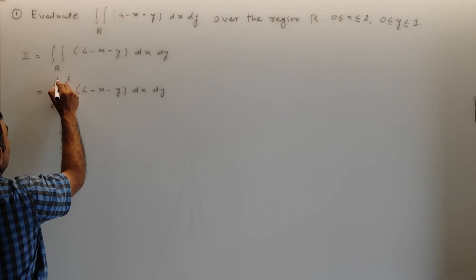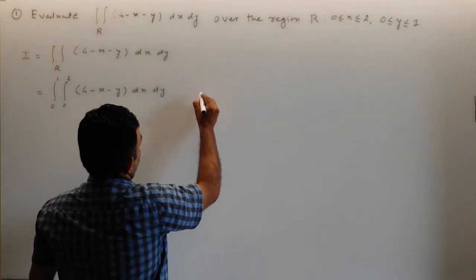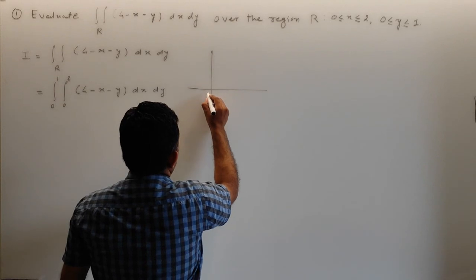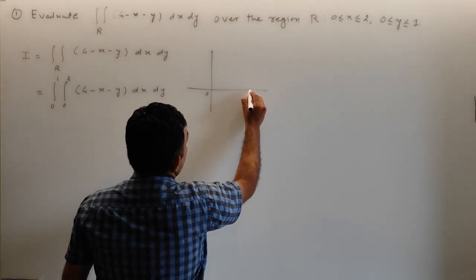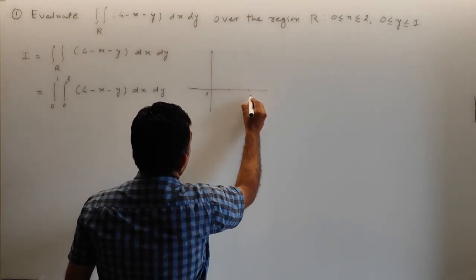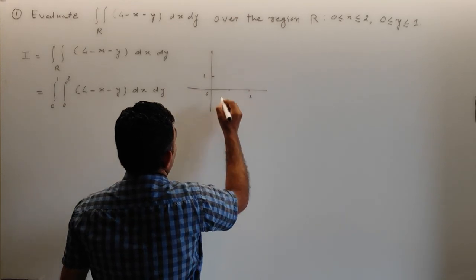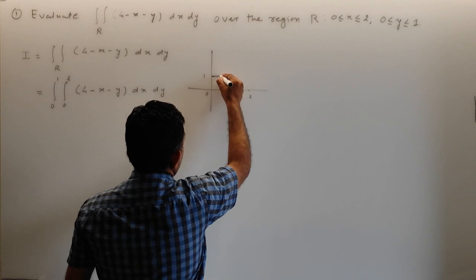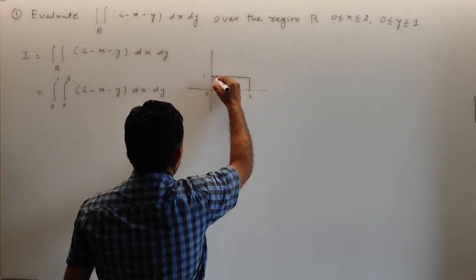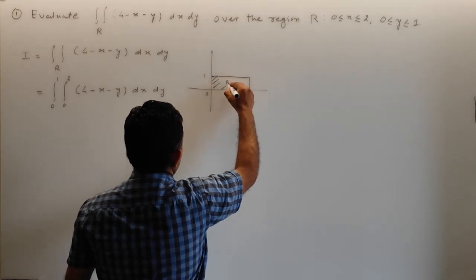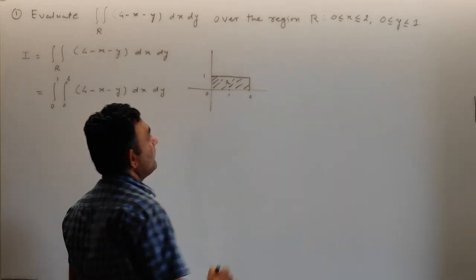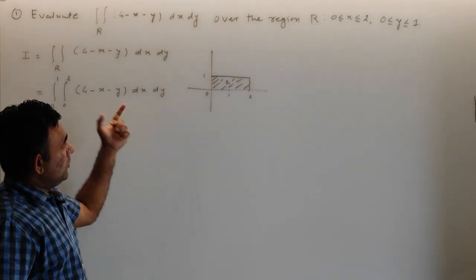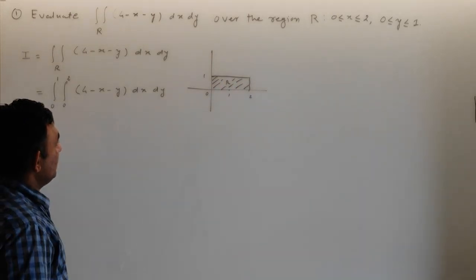If I want to draw the region, it is like this: x is 0 to 2 and y is 0 to 1. So this is my region of integration, and I want to integrate this function over this rectangular region.